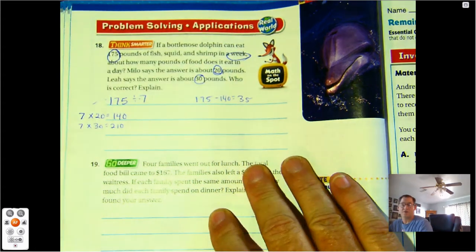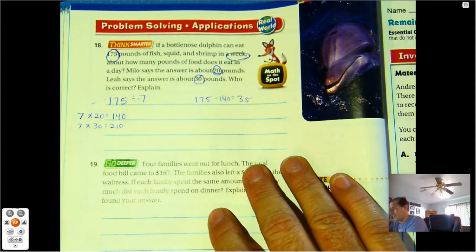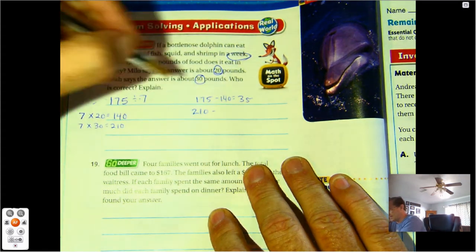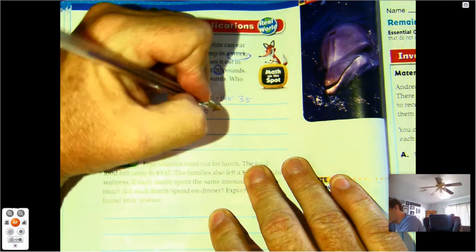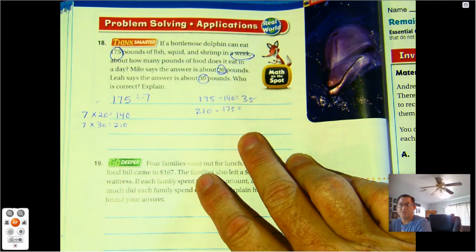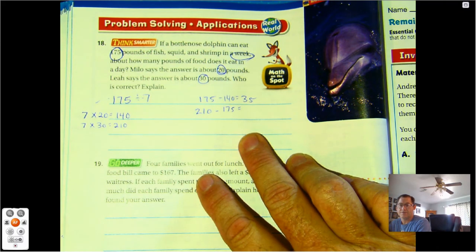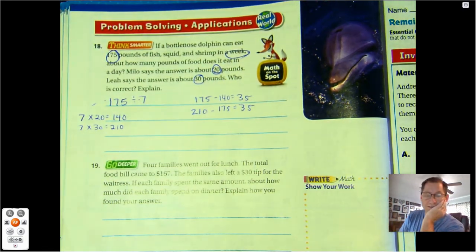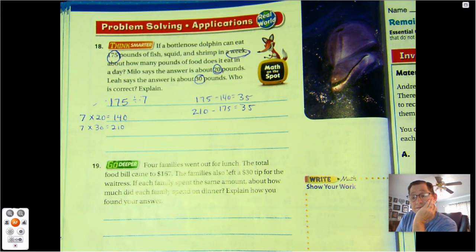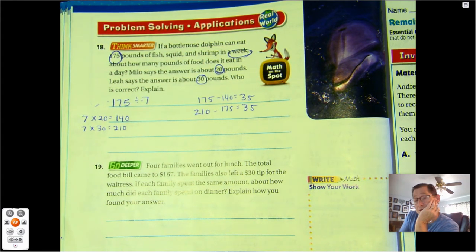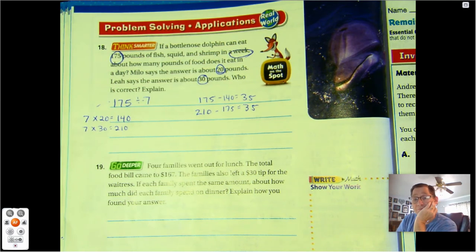And Leah, 210 take away 175. 75 plus 25 is 100. 25 plus 10 is 35. So they're both 35 away. So couldn't we just say they're equally correct? There could be an argument made that it could be 20 or 30 because the difference is exactly the same between them. So I'm going to say they're equally correct.